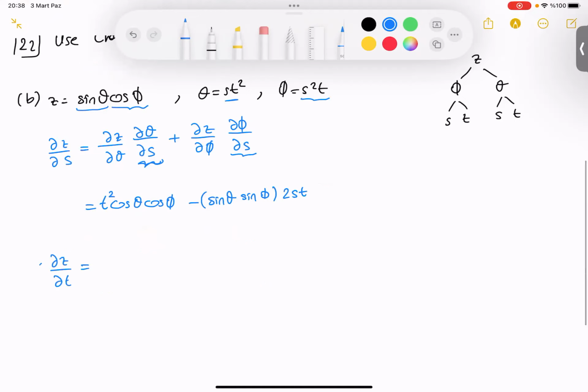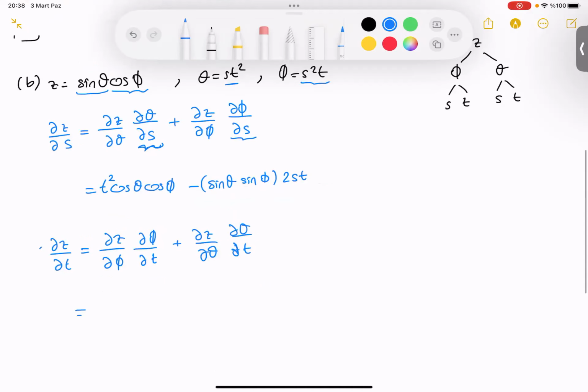Now for t, you start with the same, dz over d phi, d phi over dt, plus dz over d theta, d theta over dt.